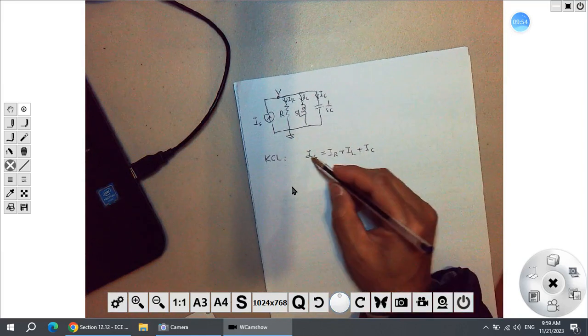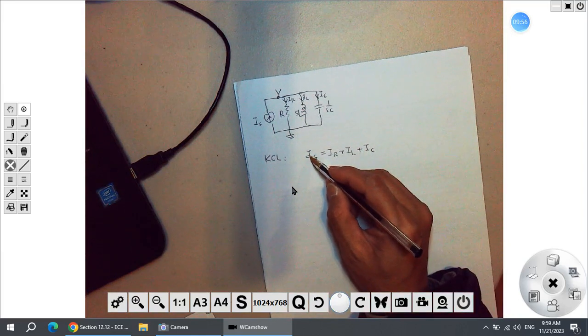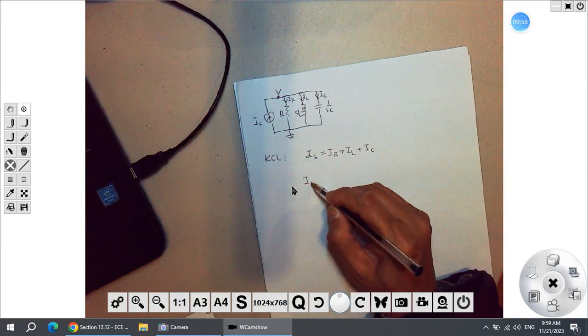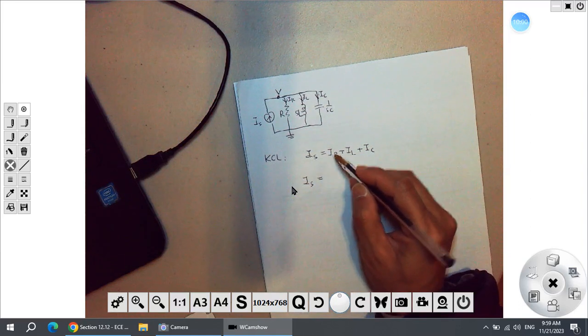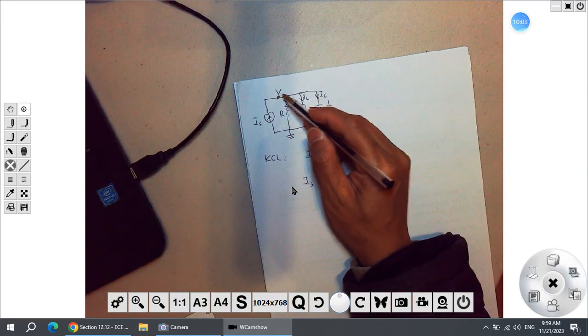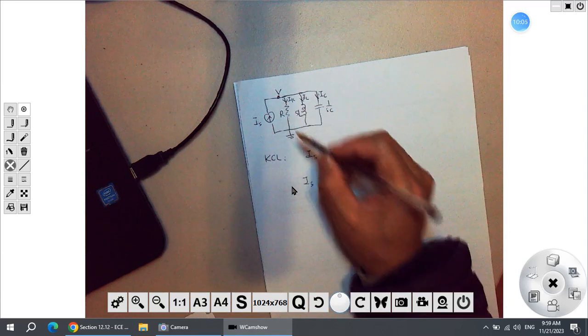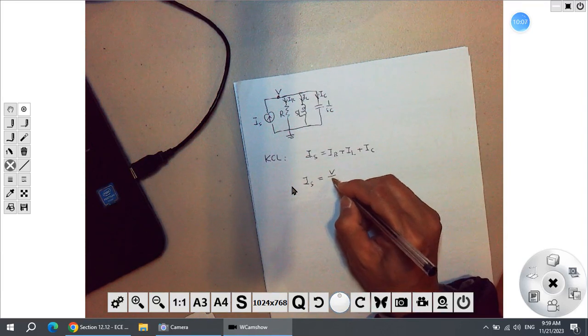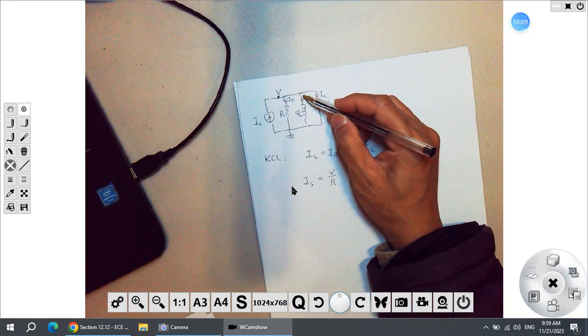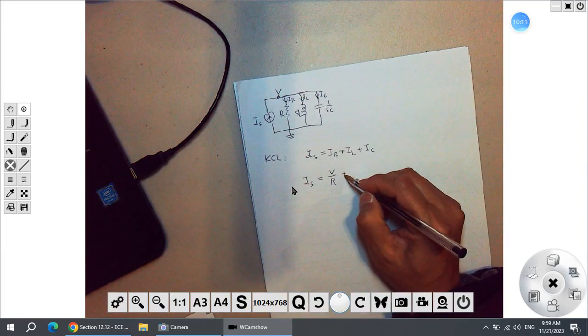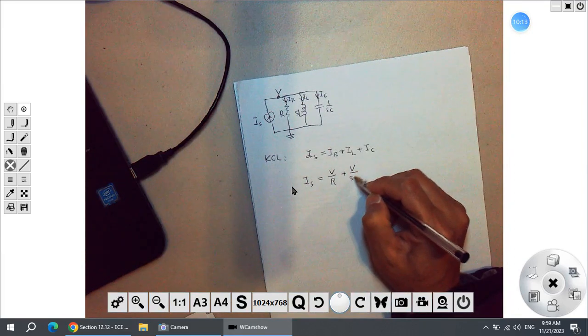IS is given, and I put the voltage here, then IR will be V over R. And IL will be V over SL.